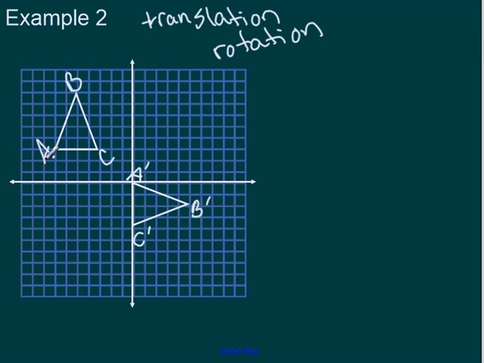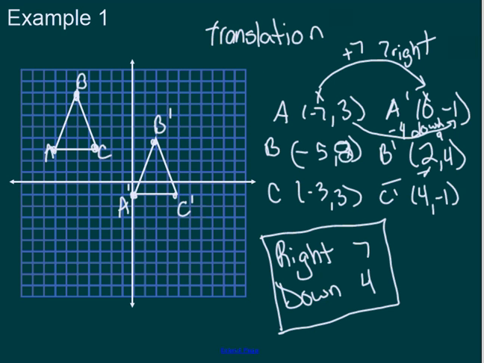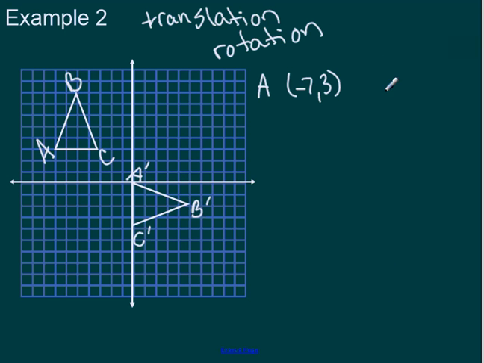Okay? So let's look at my original and my final points. If I have A, my point A is at -7, 3. They're the same points as the last one, just so you know. And then my A prime in this case is different. My A prime is at 0, 0.